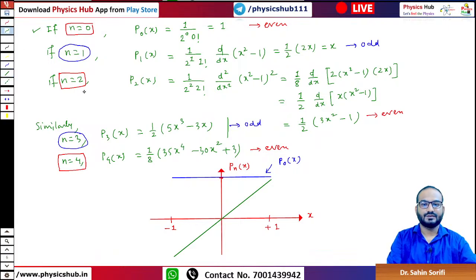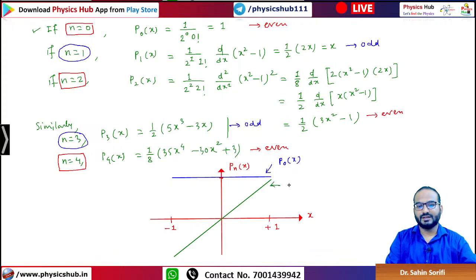This is P1(x). P2(x) is a parabola, half of 3x square minus 1. How? Here P0(x) is equal to 1, so for all values of x it is 1. P1(x) is x, so it is the y equals to x graph.